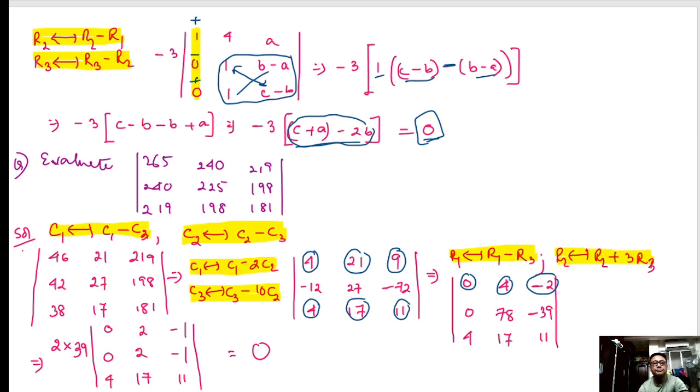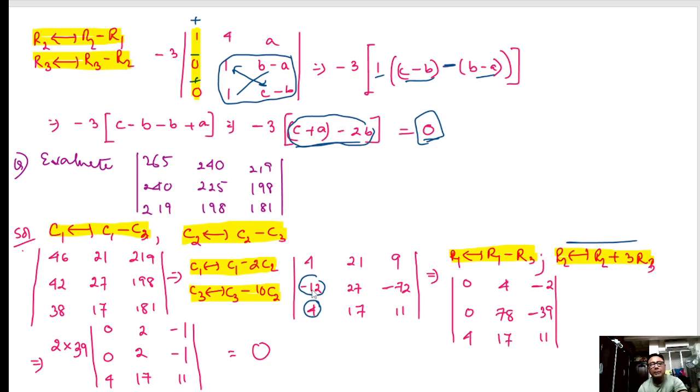Okay. Now we will do this option, R2 plus 3R3. R2, this is R2, plus 3 times of this. So 3 times of 4 is 12.